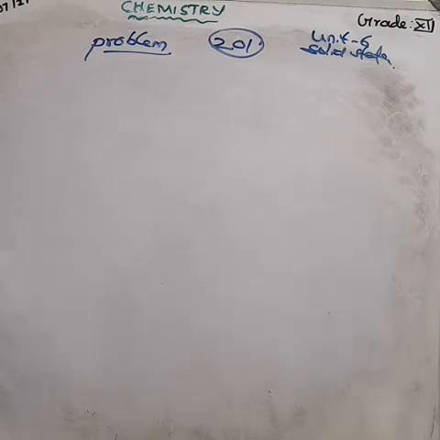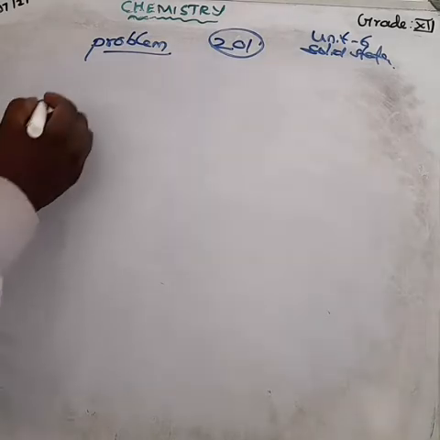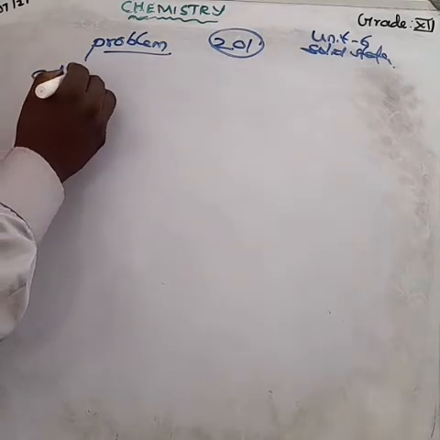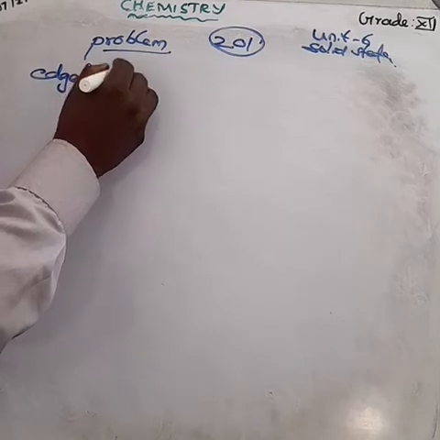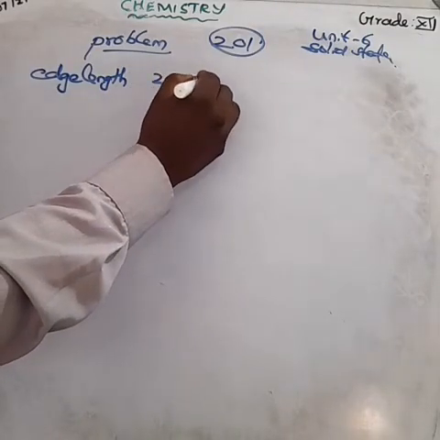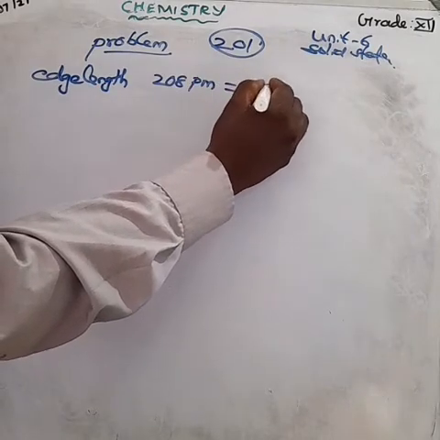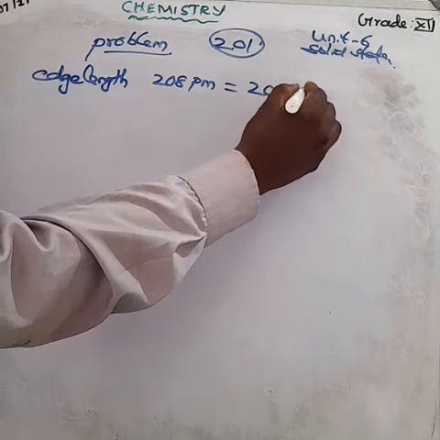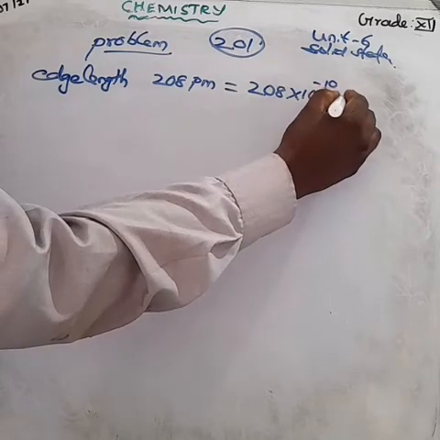First, the edge length. The given data: edge length 288 picometer. It is converted into centimeter, that means 288 into 10 raised to minus 10 centimeter.